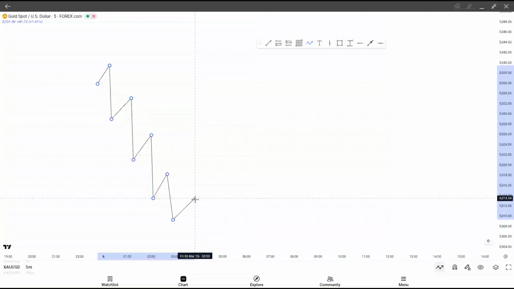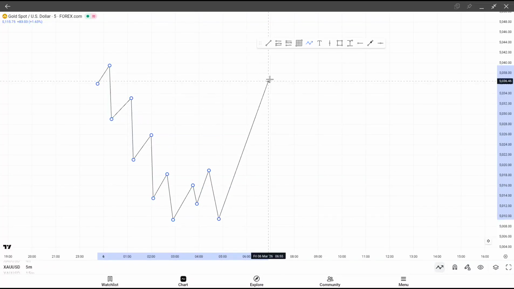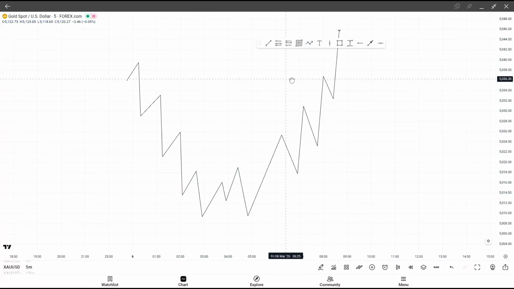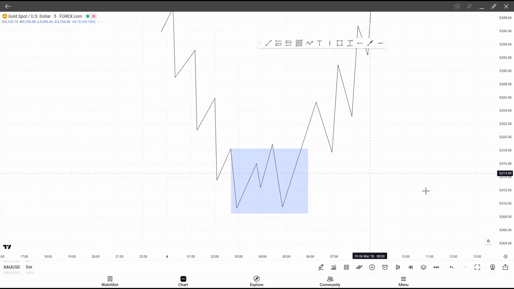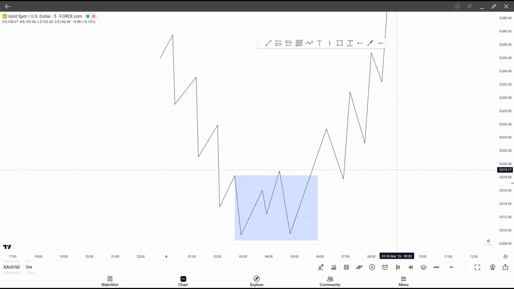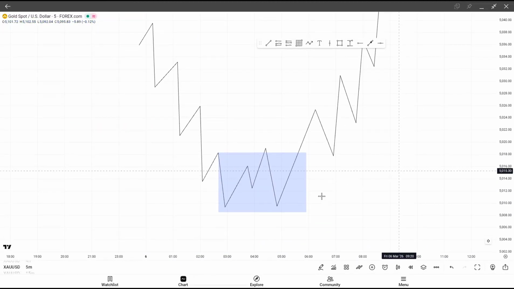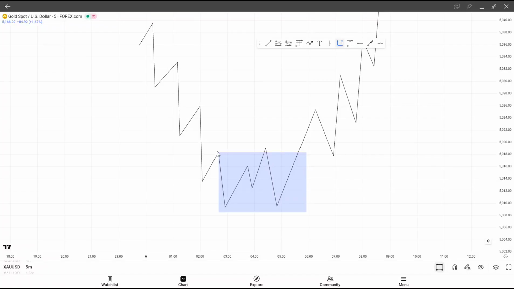Before a reversal, it will do some configuration below here and start to reverse to the other side. So the market structure shift is what is happening before the market gets the reversal, before the market starts to go to the opposite direction. This configuration that is happening here is what we call market structure shift.